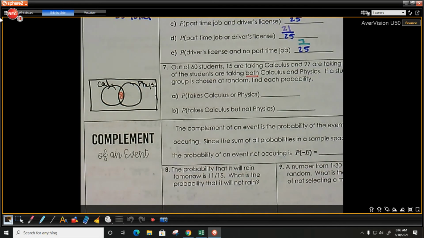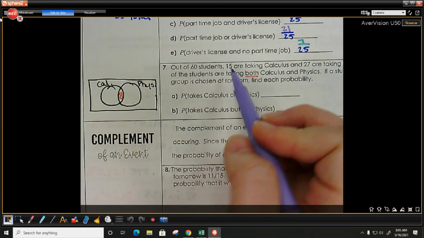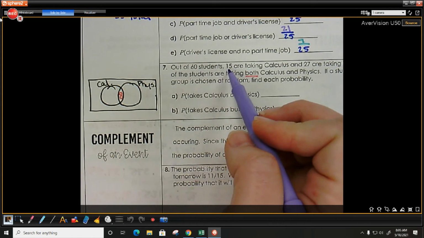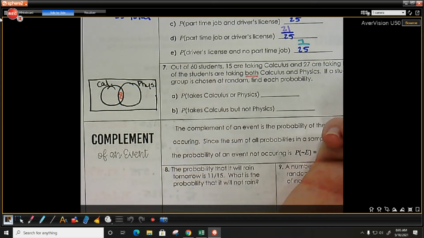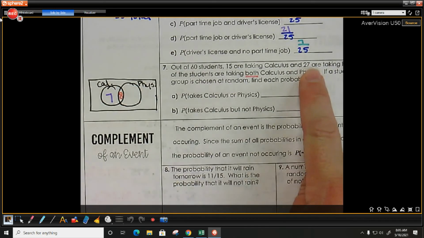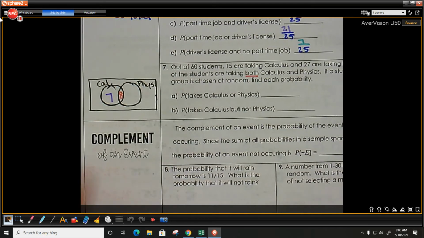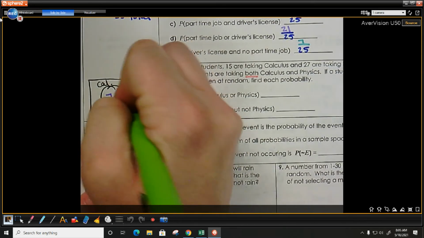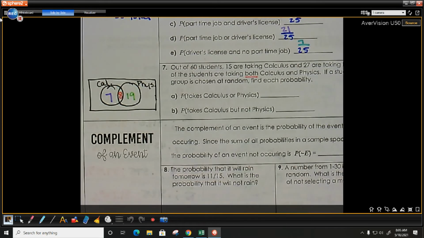So then you have to subtract. If 8 are taking both and only 15 are taking calculus, how many are taking only calculus? 7. If 27 are taking physics, but 8 are taking both, how many are taking just physics? 19. Okay. How many students are taking neither?